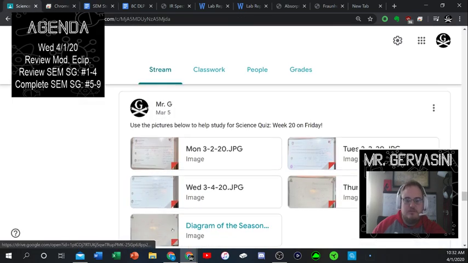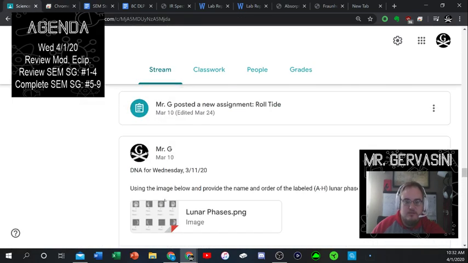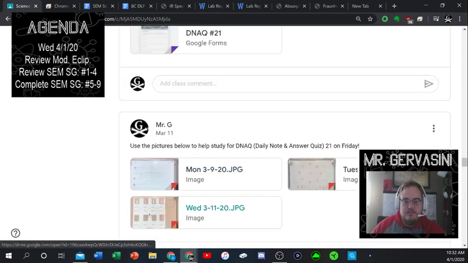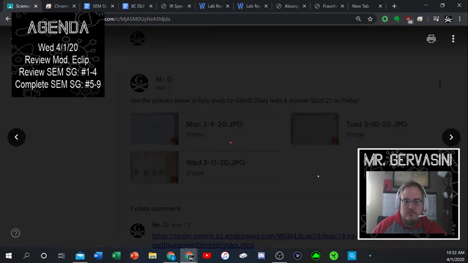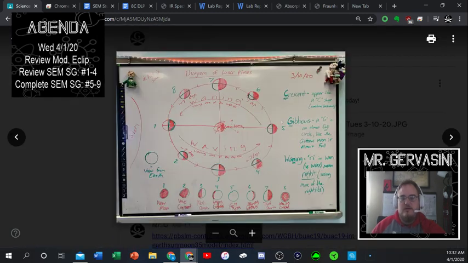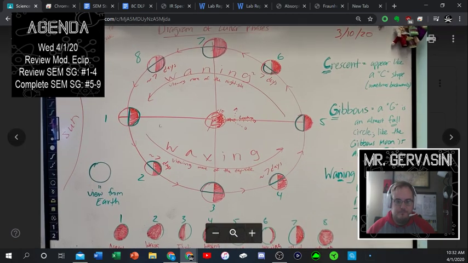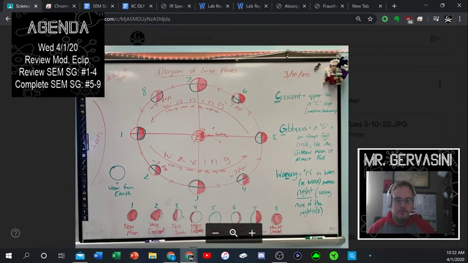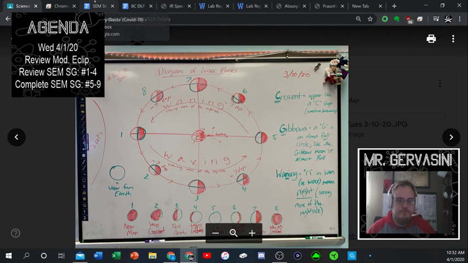Where is that? So this is a diagram of the seasons, lunar phases. That was Tuesday, March 10th. This is number 8, telling me the moon all the way around. This is 9, identifying the 8 phases in order.